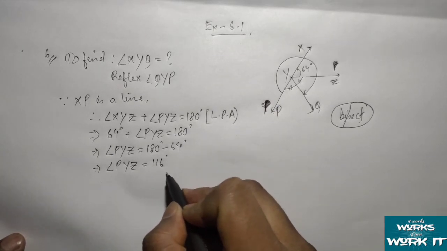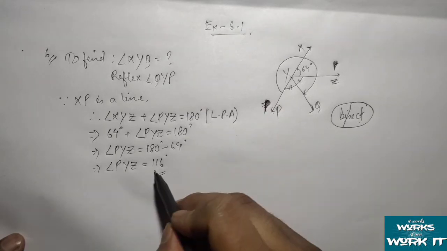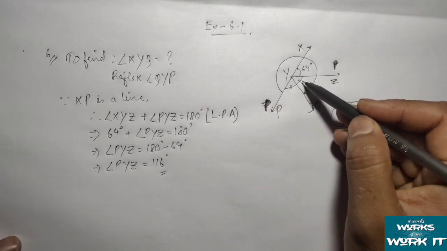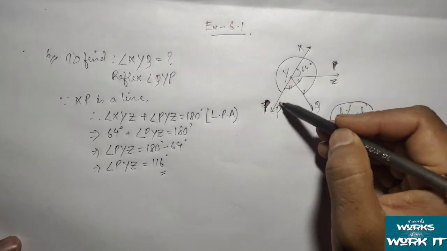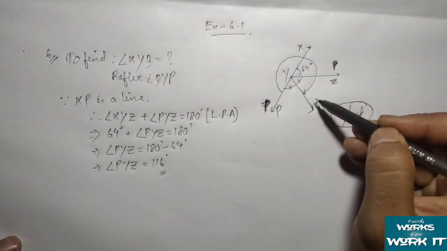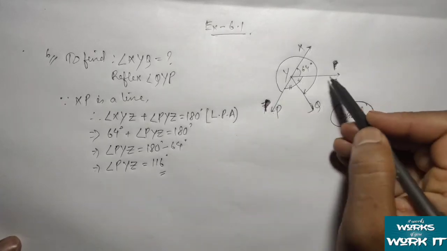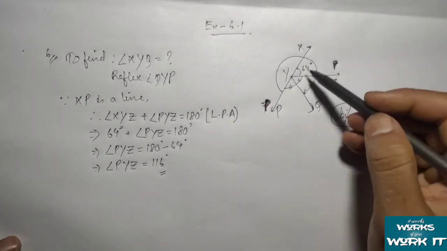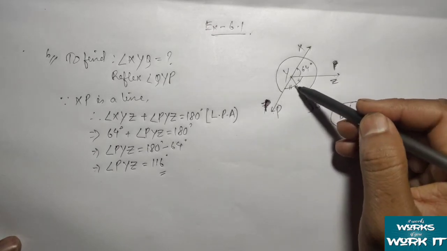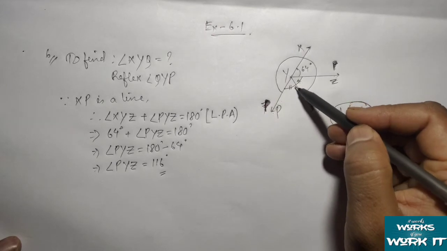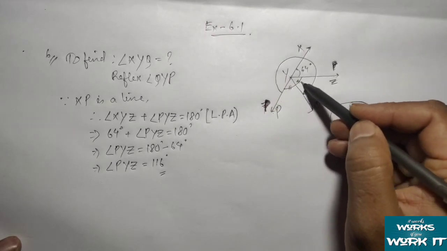Now using this angle PYZ equal to 116 degrees, we can find out the measurement of two angles, that is PYQ and ZYQ. These two angles are inside angle PYZ, and as we know already that YQ is bisecting this angle PYZ. So bisecting means it is making two equal angles.